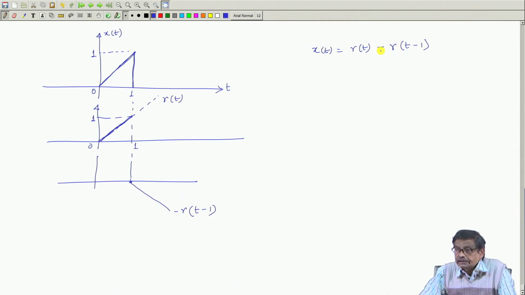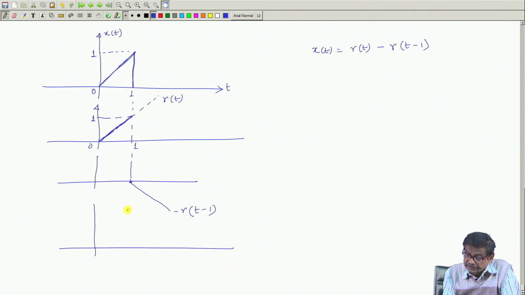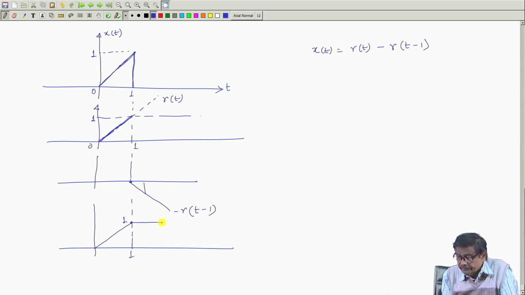But if you add these two, it will give rise to this function. It went up to the value 1 at t equal to 1 no doubt, but after that this increment will be offset by this negative increment and it will remain flat. Got the point?